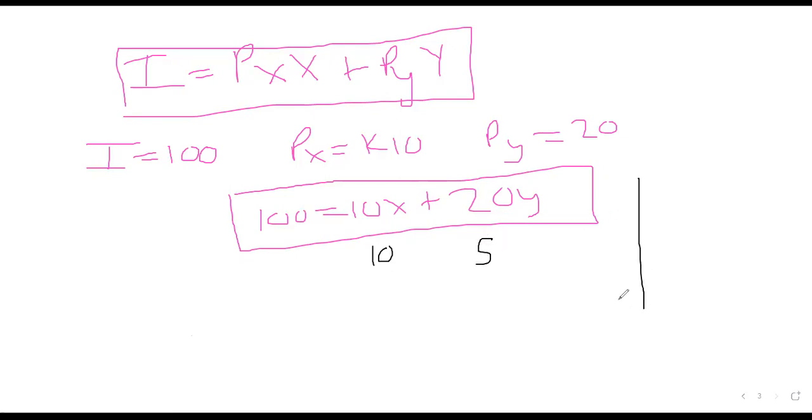So if we're going to draw the budget line under Y and under X, this is what will happen. So to cut the Y-axis at what point? At 5. And to cut the X-axis at what point? At 10. So this is the budget line.